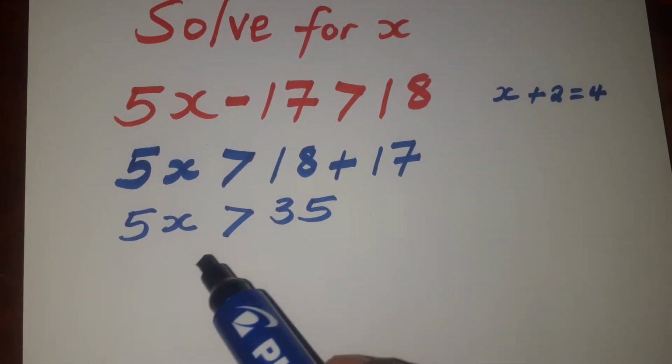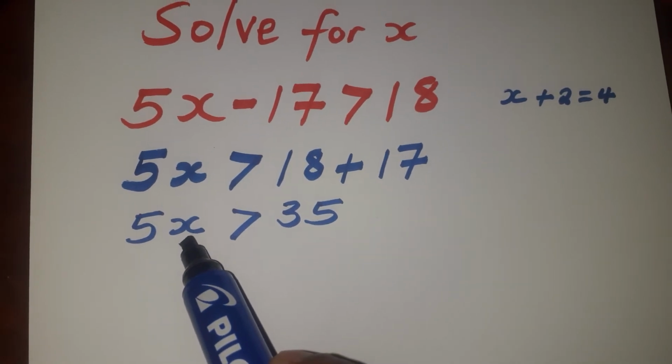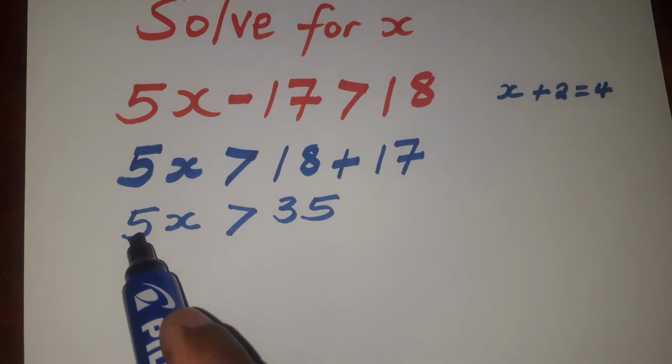Now what we can see here is that since we are looking for x, we have to divide both sides by 5.